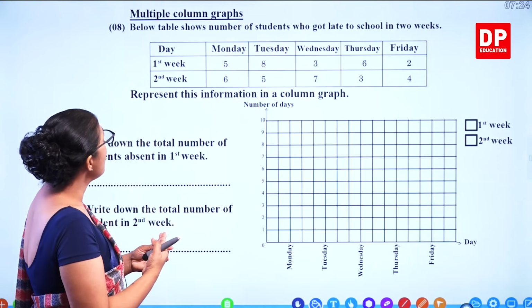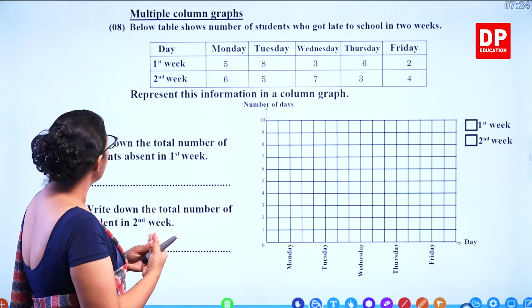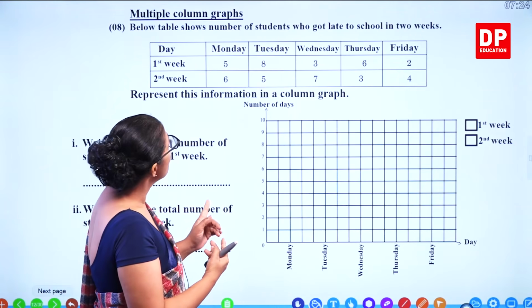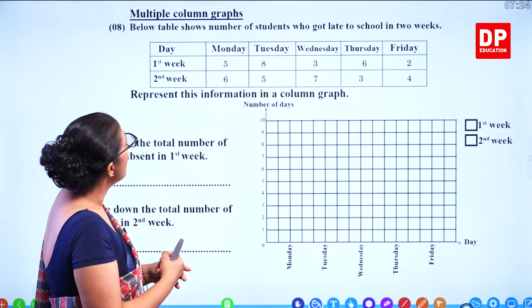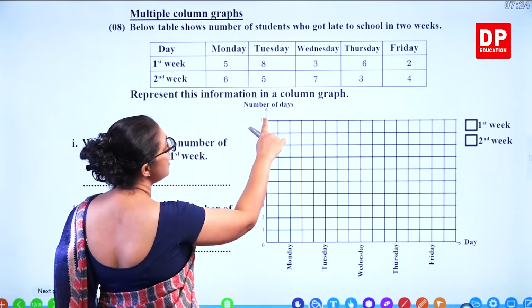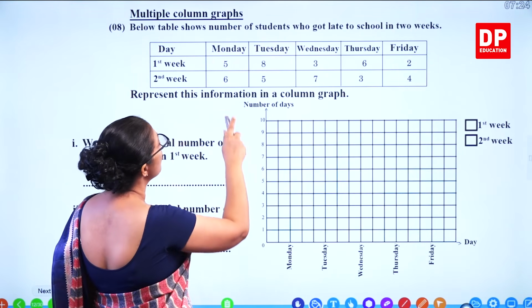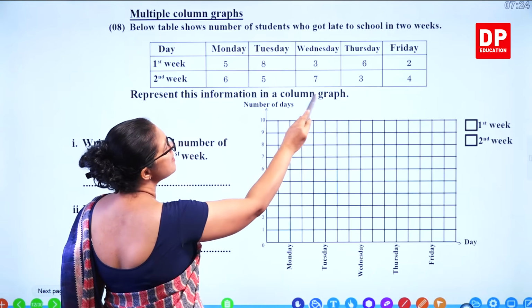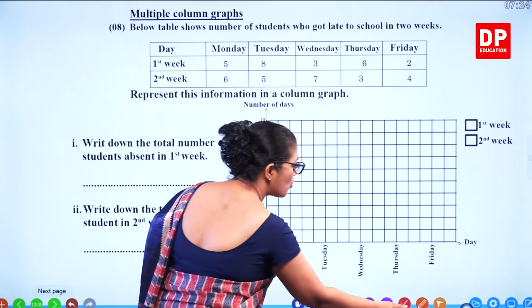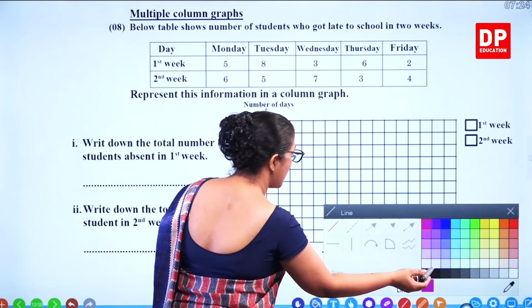So we'll see how we can draw that. First one, Monday 5. It's already labeled 1 to 10 because the maximum is like 7, here 8. So it's good to have up to 10.